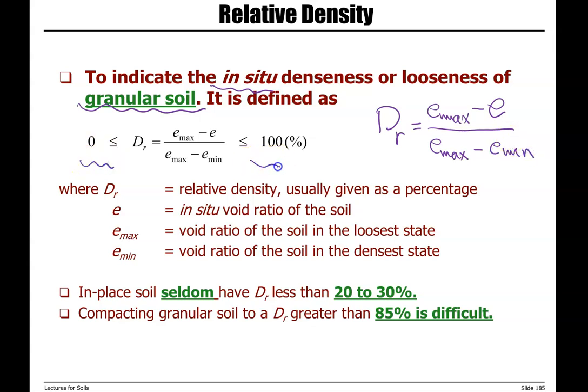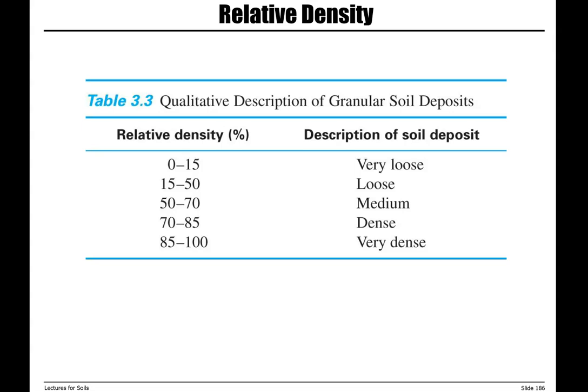This is always a number between 0 and 100%. Then when you have your Dr, relative density, you can describe your soil.